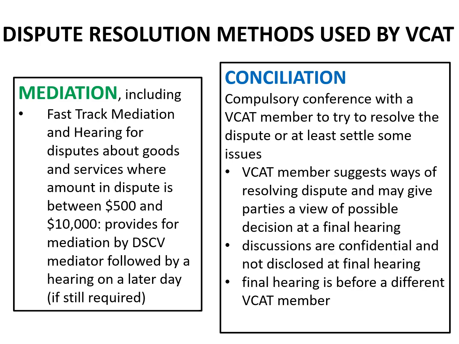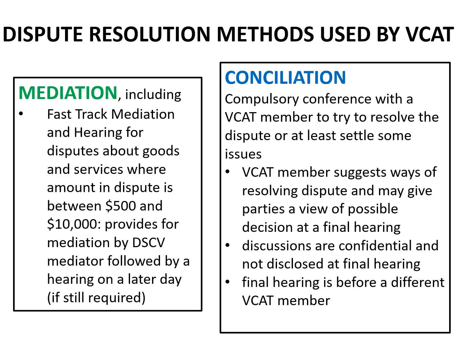Besides making suggestions about how the parties might be able to resolve their dispute, the VCAT member in a compulsory conference might give the parties a view of what the decision is likely to be if the parties cannot reach an agreement between themselves and instead the dispute is determined at a final hearing by VCAT.